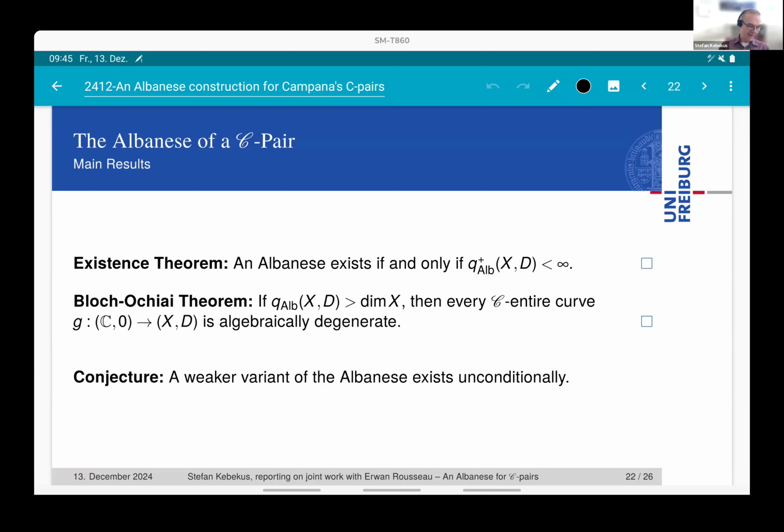Right. And then as a first application or indication that this notion could actually be useful, we propose a general result that was already known by work of Kawamata for entire curves.